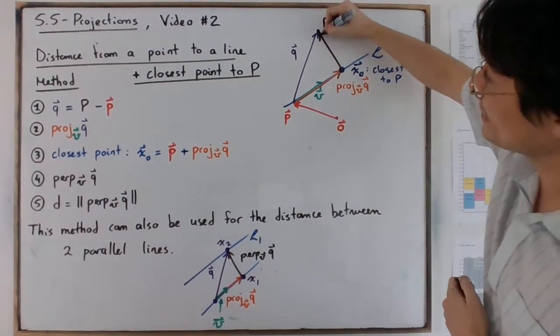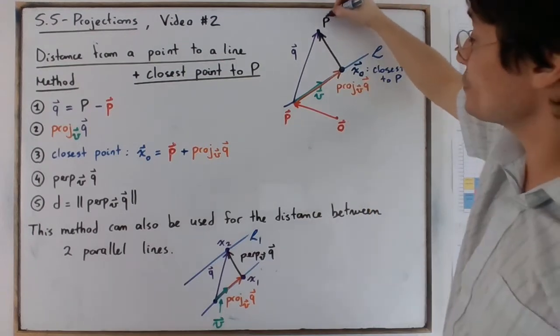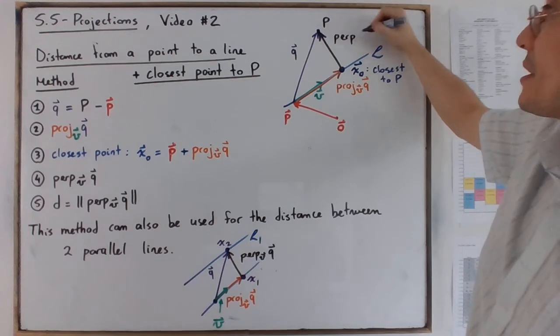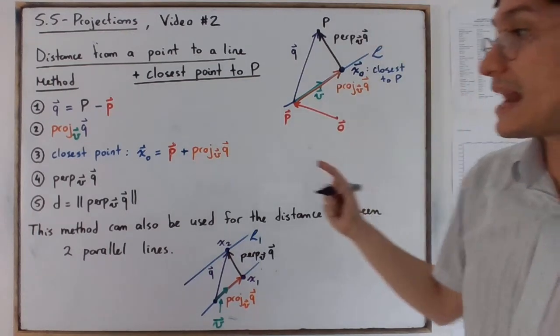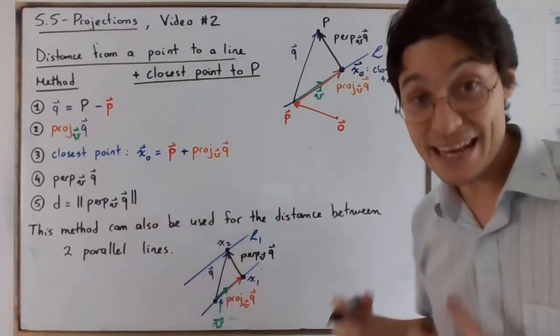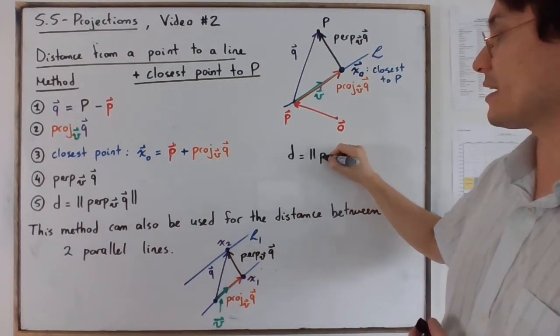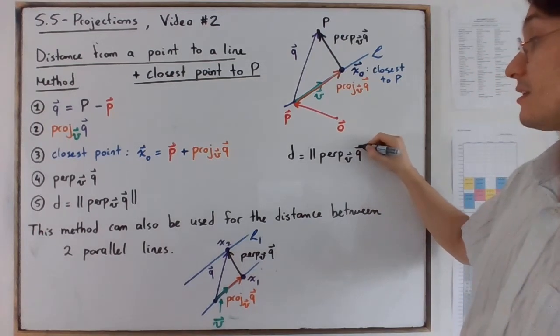The length of this vector right here will give you the distance between the point and the line. So this will be the perp of Q on V. And the last step, as you can see, is to take its norm. So the distance will be the length of that perpendicular vector.